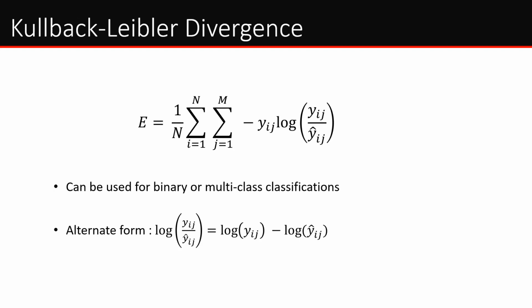The Kullback-Leibler Divergence is another entropy-based loss function that takes the entropy difference between observed and predicted values as a measure of loss. This function can be used for either binary or multi-class classification. To understand the cross-entropy and Kullback-Leibler divergence, you need the knowledge of how information entropy works, which is covered in a different lesson. The purpose of this lesson is just to introduce various loss functions.